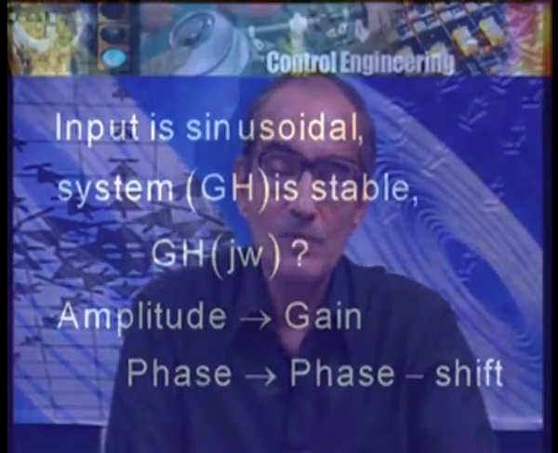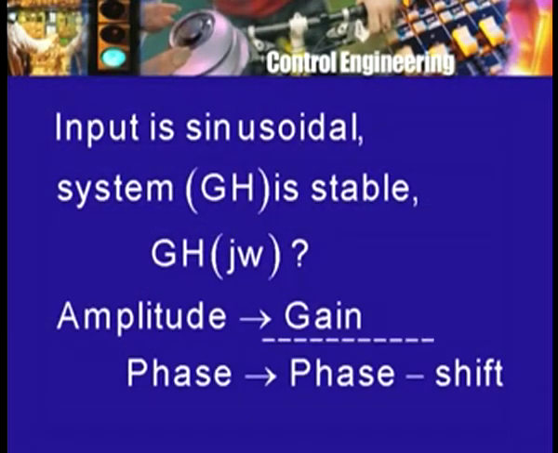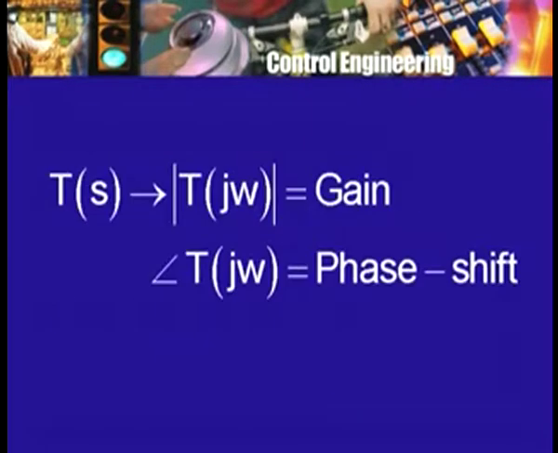Now this is a result which can be proved, that the gain and the phase shift can be obtained from the transfer function T(s) by simply doing the following. Replace the s by j omega, where omega is the angular frequency of the sinusoidal signal that one is looking at. Then this also will be a complex number.